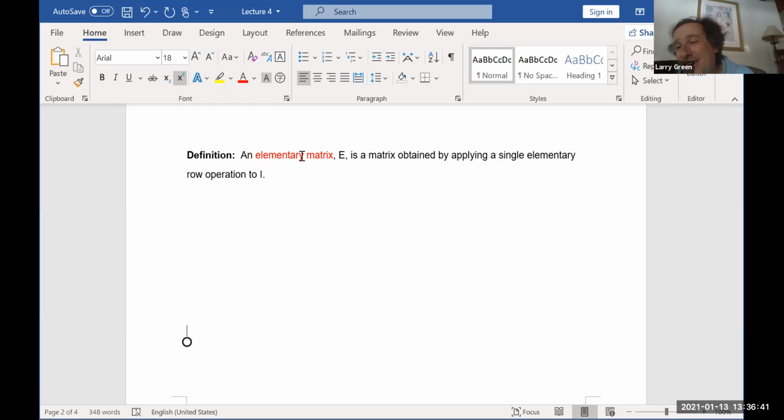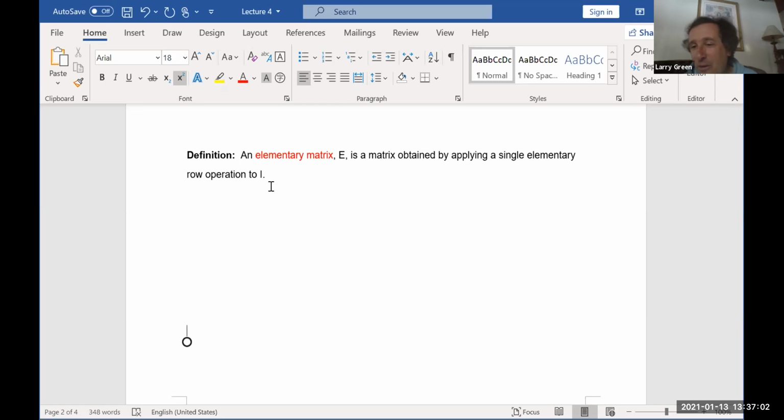Some of you might have had a hard time in elementary school, but mostly because you're growing up, not because of the work. But an elementary matrix E is a matrix obtained by applying a single elementary row operation to the identity. And that's called an elementary matrix.